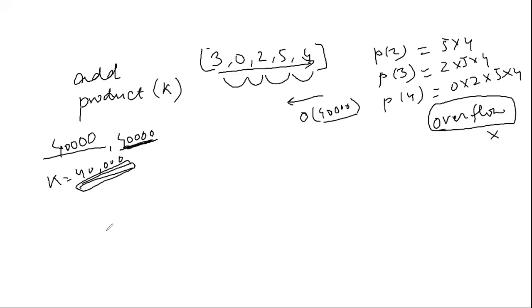So if we do 40,000 into 40,000, like 4 into 10 to the power 4 into 4 into 10 to the power 4, it's already 16 into 10 to the power 8. So it is already in the 10 to the power 9 range. When you see anything in the 10 to the power 9 range, you know that O(n) per operation is not going to work for sure.